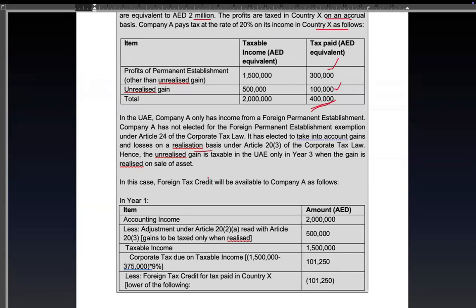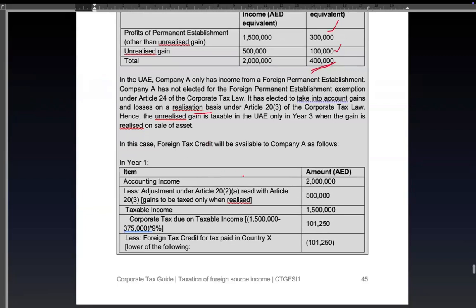So for an apples to apples comparison, in year three you will make the adjustment, and in year one and year two you will reverse the unrealized income, because you would have prepared your financial statements on an accrual basis. Once you have prepared your financial statements on an accrual basis, the unrealized gain in the foreign country will be part of your financial statements. You need to eliminate that.